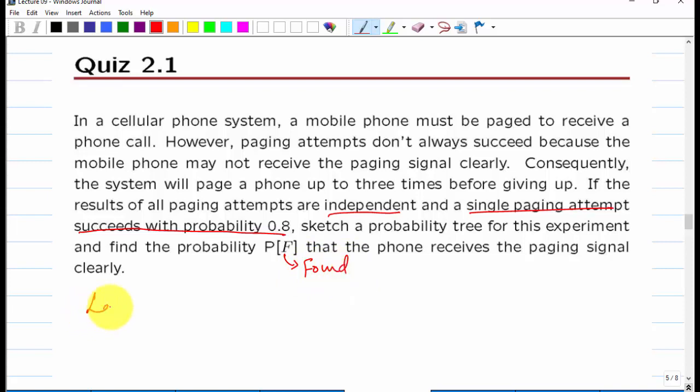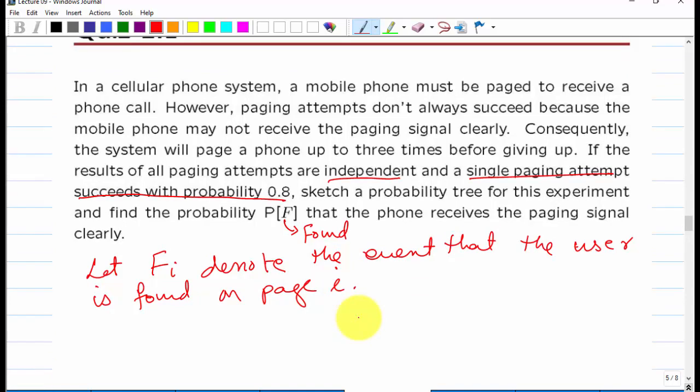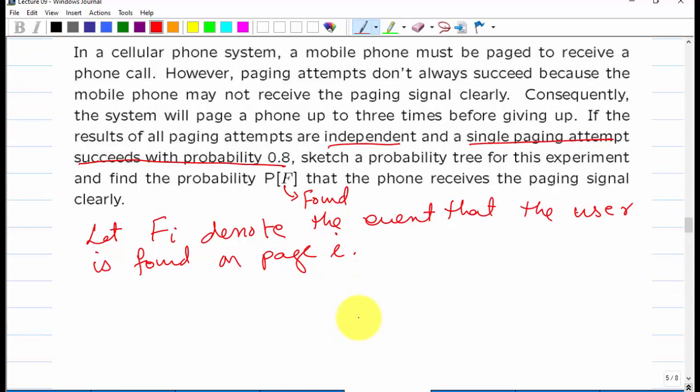So, let Fi denote the event that the user is found on page i. Obviously we will start with the tree diagram here. We will start with the root.